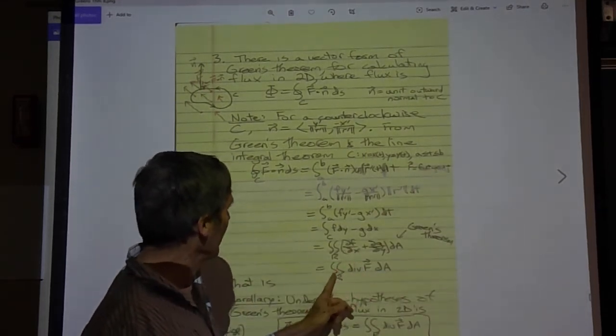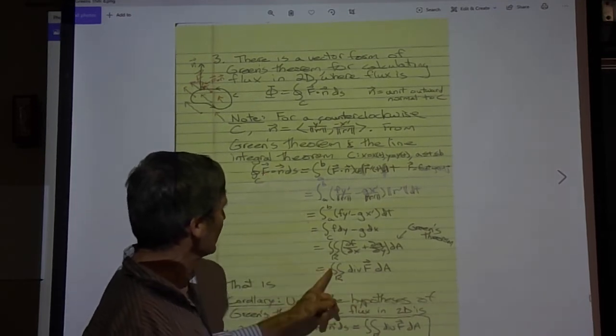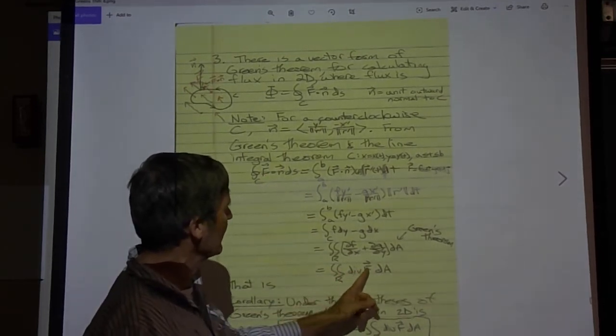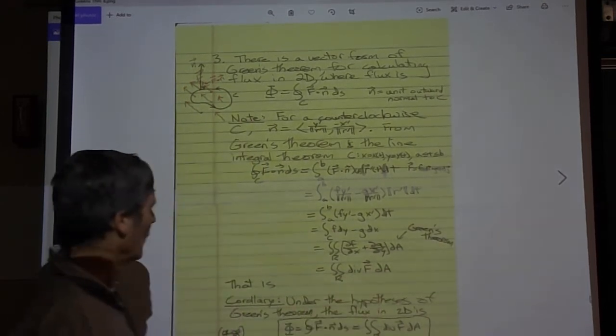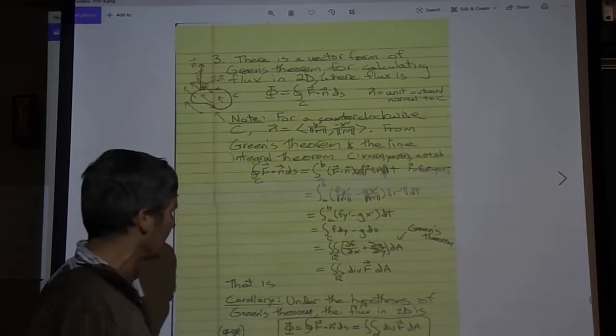So what we have shown then is that the flux integral is equal to the double integral of the divergence of the velocity field F over this plane region that the curve encloses.